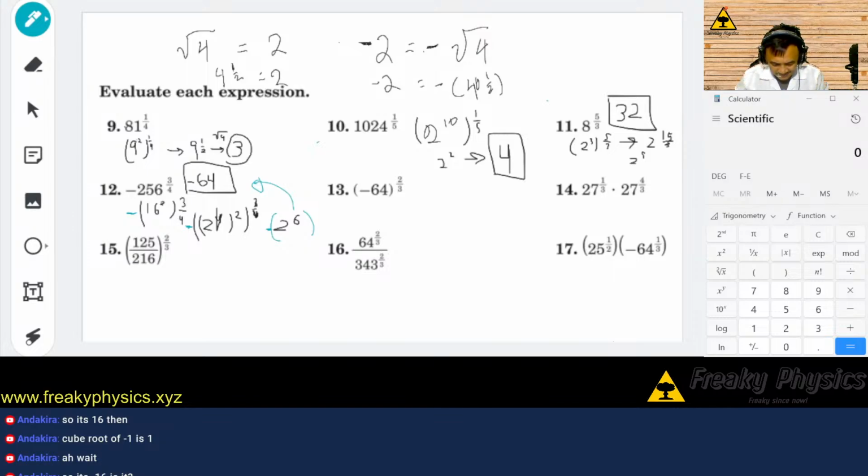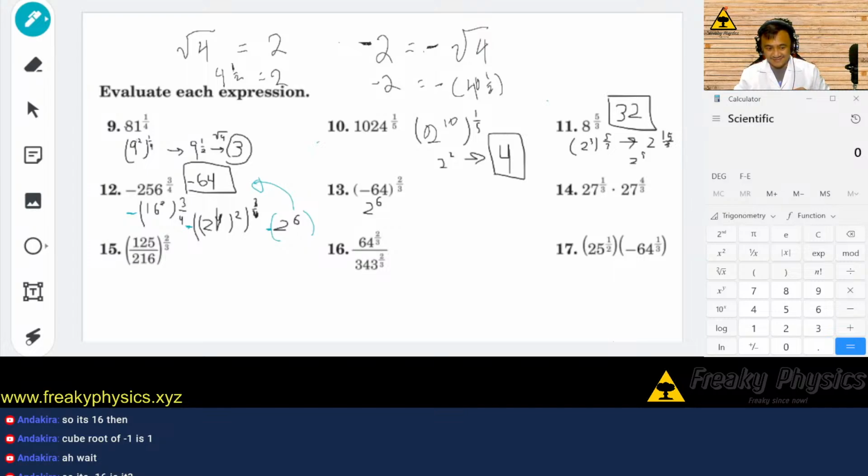Oh, wait, it's the 2 to the 6 because it's right there. Oh, by the way, Akira, thank you for pointing out the microphone problem.